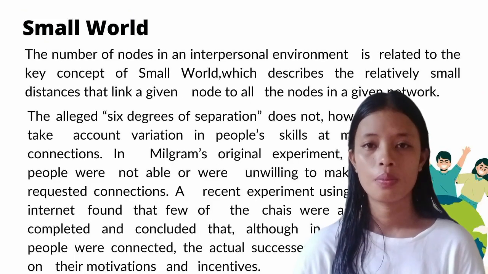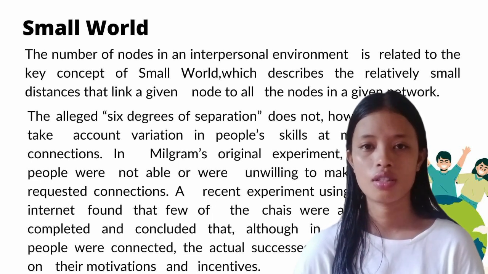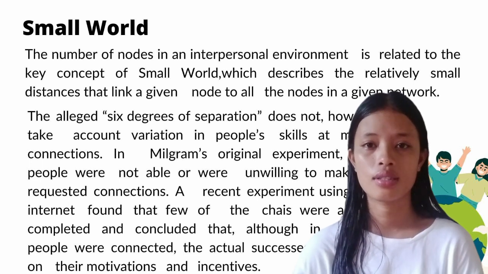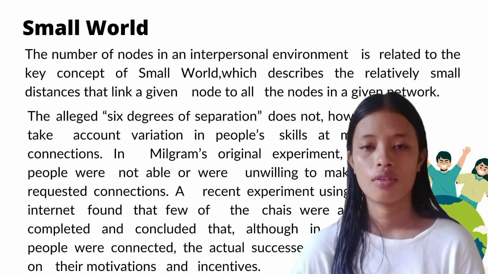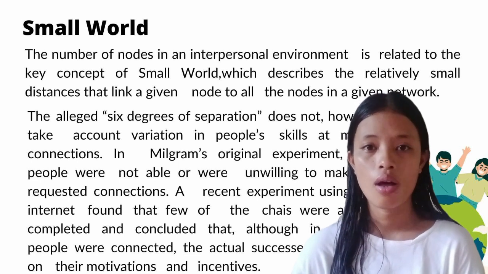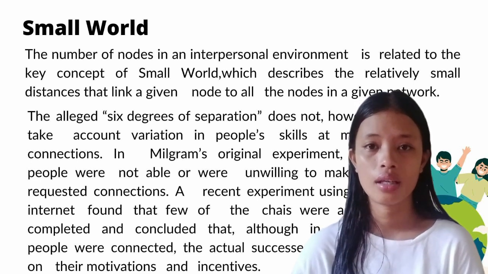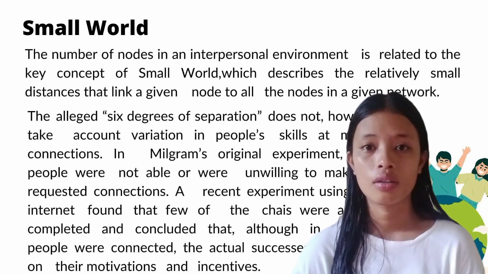Small world. The number of nodes in an interpersonal environment is related to the key concept of small world, which describes the relatively small distances that link a given node to all the nodes in a given network. The idea of six degrees of separation does not, however, take into account variation in people's skills at making connections.